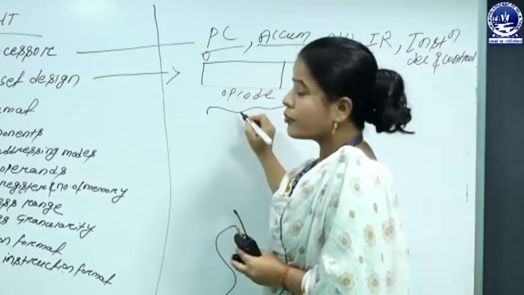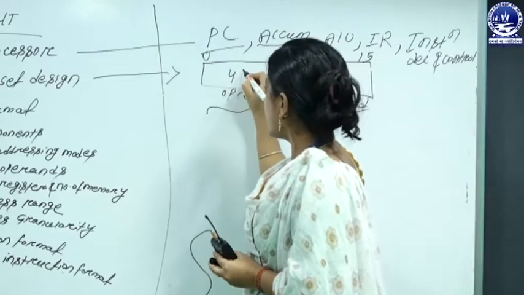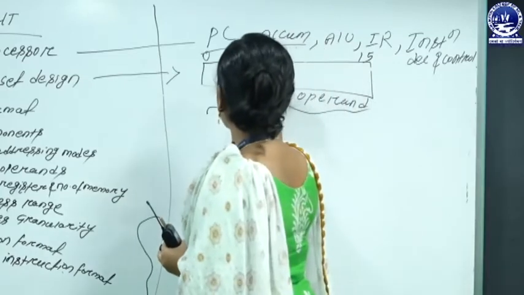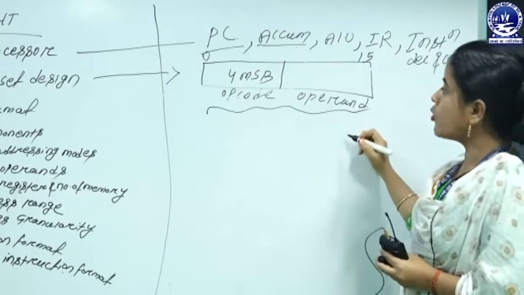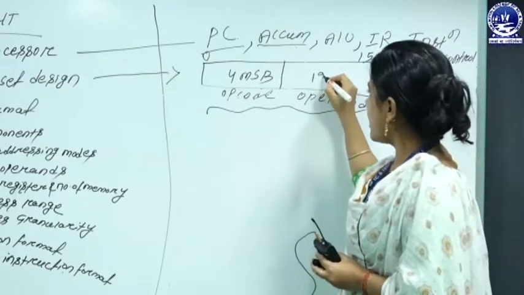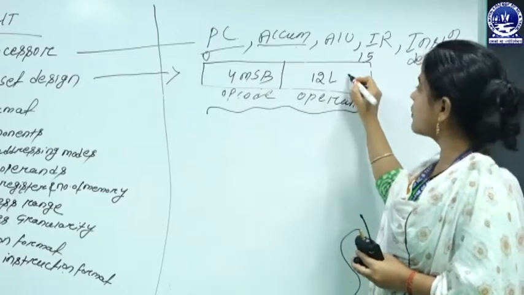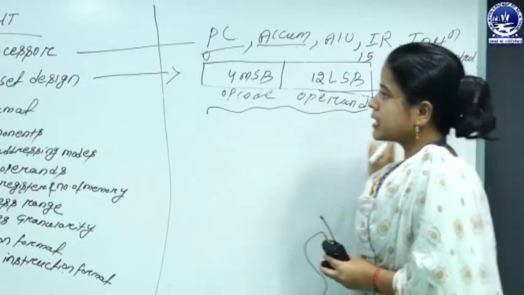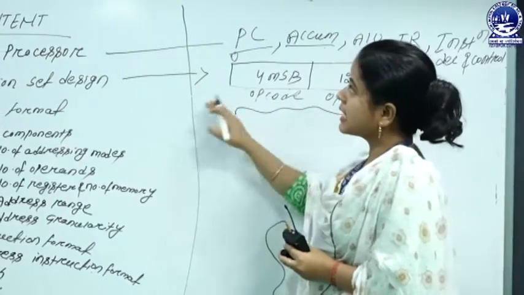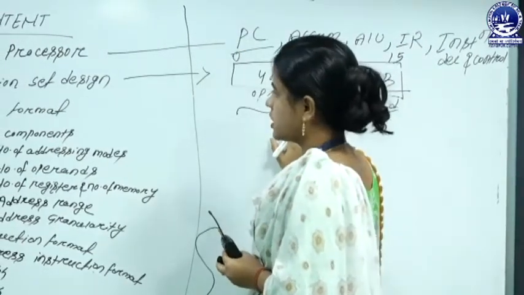Here the opcode occupies the 4 MSB, most significant bit locations, and the operand occupies the 12 LSB, least significant bits, for the address. That's your instruction set design in the case of the MU0 simple processor.